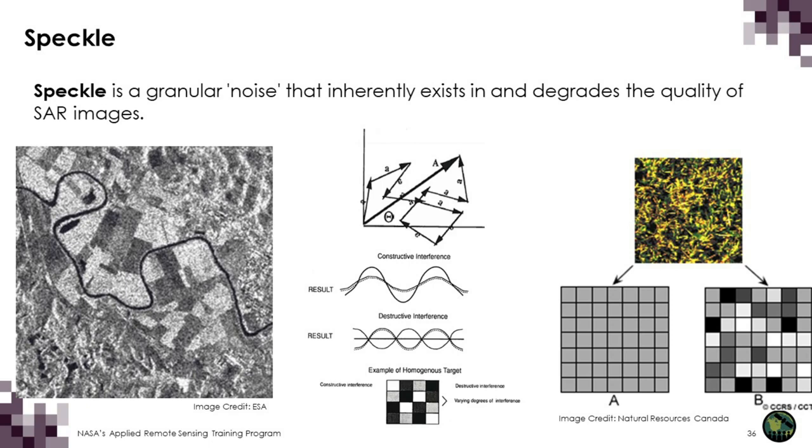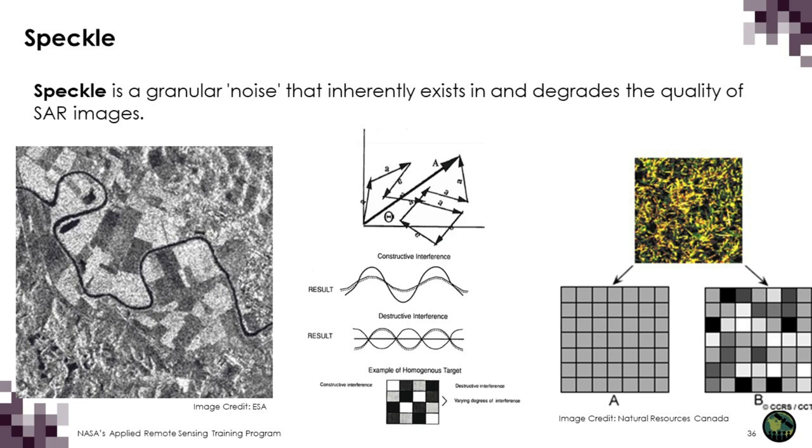And then the last aspect to discuss is speckle, which is a grainy salt and pepper texture in radar images, and that's caused by the random constructive and destructive interference from multiple scattering returns that occur within each resolution cell. So as an example, if you have a homogeneous target, such as, say, a large grass-covered field, without the effects of speckle, it would generally result in light-toned pixel values in the image, as in what you would see in the case of A, in the far right.